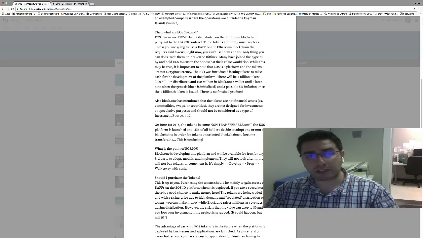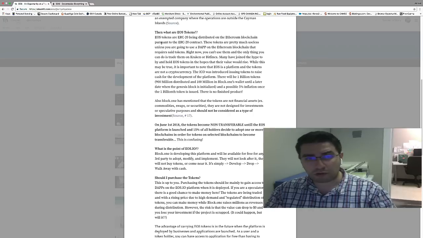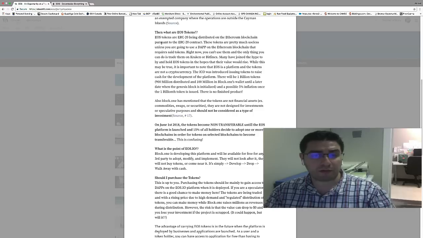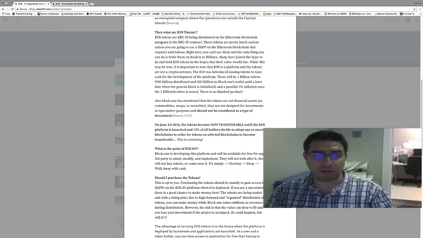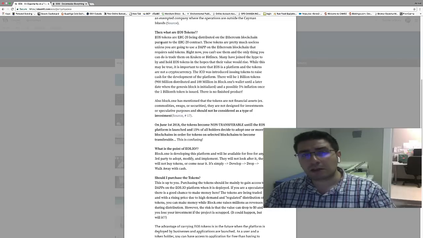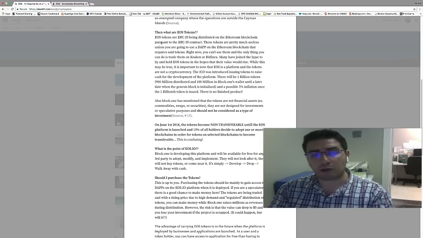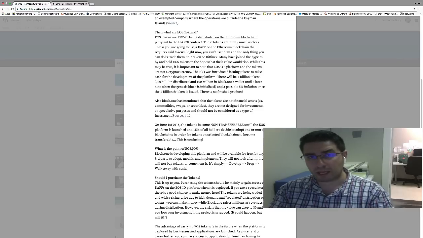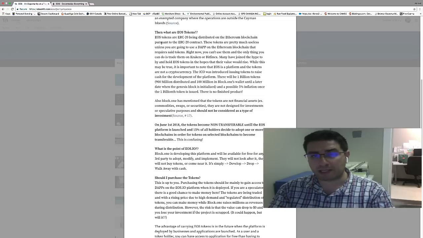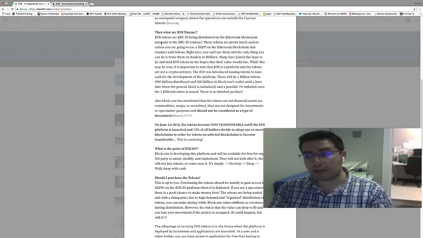I guess what they're trying to do is have three or four or more entities running the platform, whether modified or exactly the same, and 15% of all holders would vote to decide which platform's blockchain will have the tokens transferable on. It's a little bit confusing, but basically it lets the masses decide which entity implements the platform best.